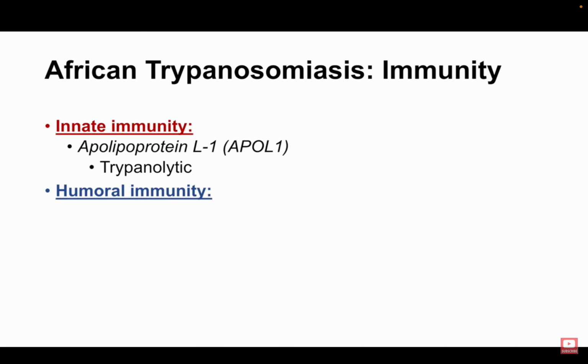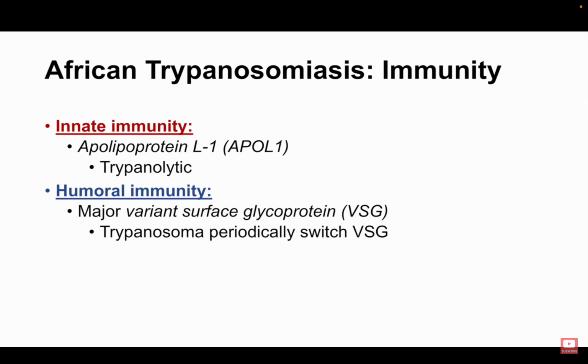And with humoral immunity, there is a major variant surface glycoprotein, or VSG, on the trypanosoma organism. But what is interesting and important for the pathogenesis of trypanosomiasis is that the trypanosoma can periodically switch their VSG, or variant surface glycoprotein, so they can make changes to that protein.